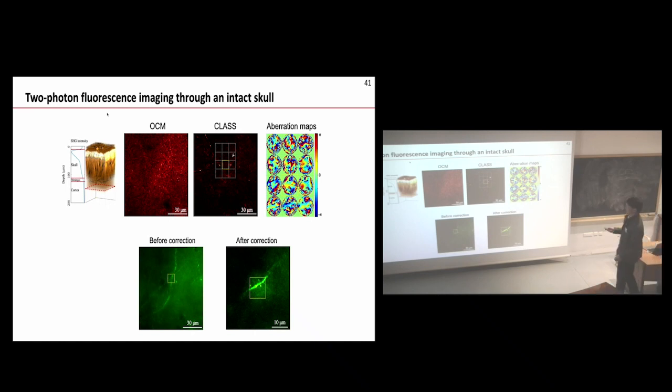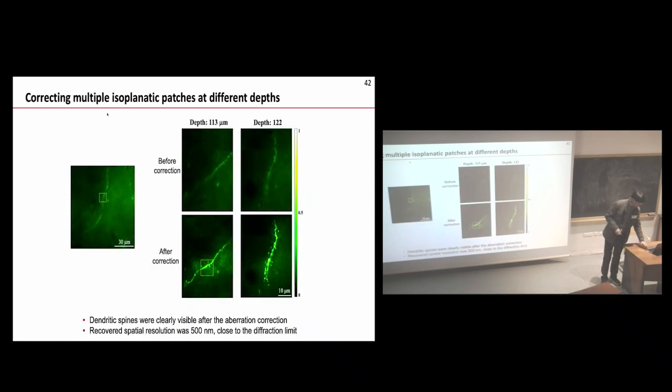So even if there is no visible structure, you can still find an aberration. And then we can correct the aberration at the area associated with that section.